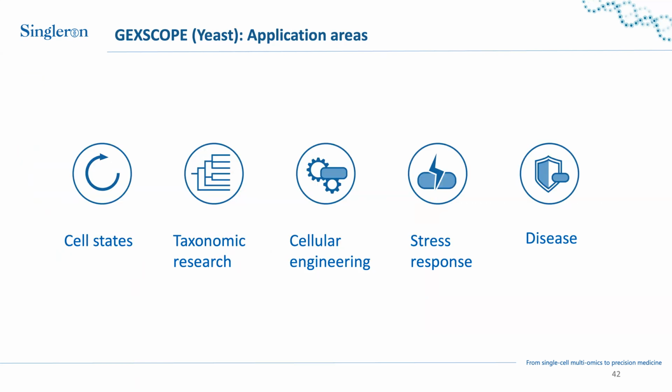So in summary, this yeast kit can be applied for many different application areas. For example, analyzing different yeast in different cell stages, cell cycles. You could use it for taxonomic research, also research into characterization of multicellular structures, for example, colonies, aggregates, environmental communities.